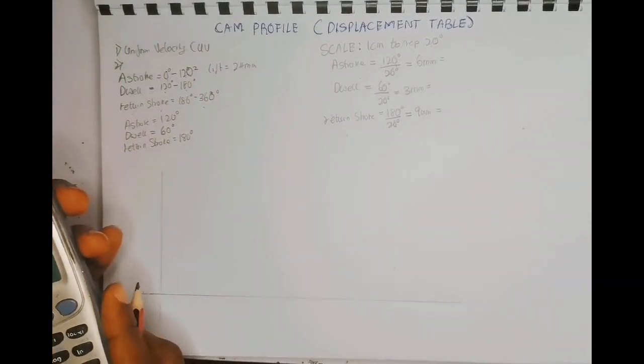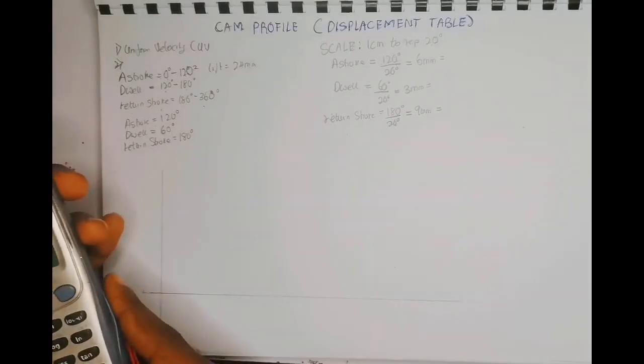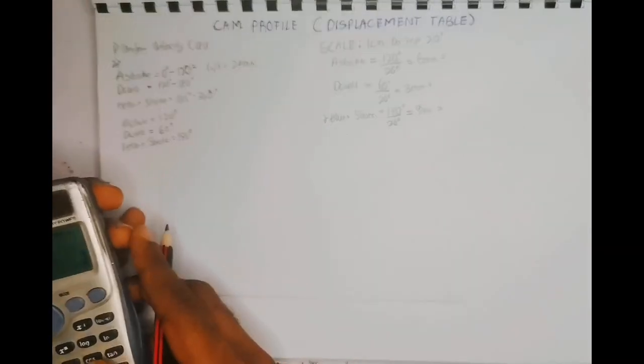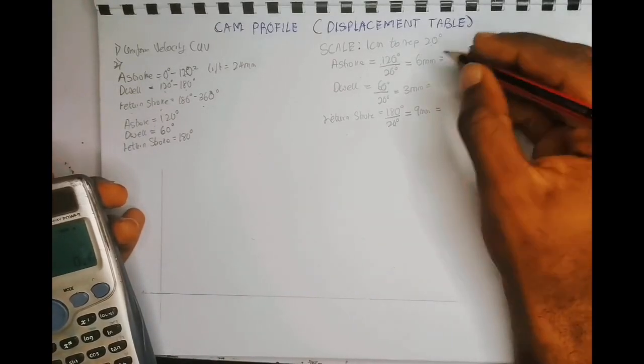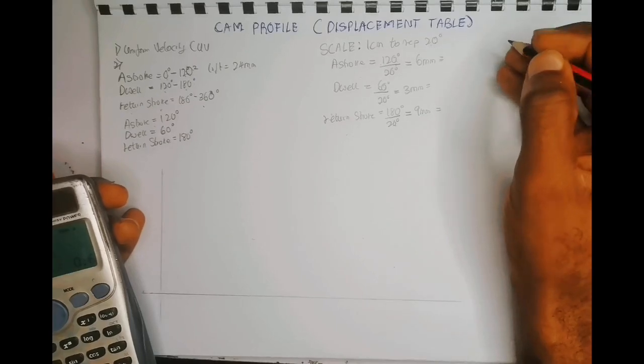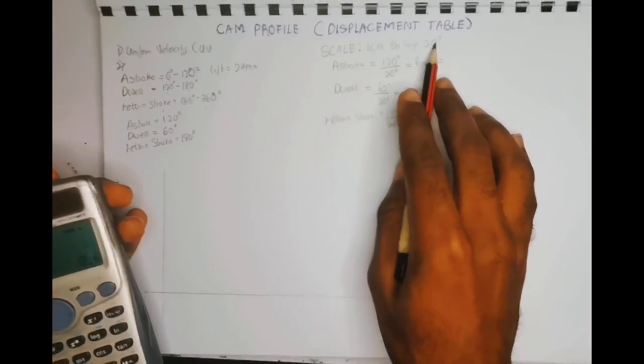Let's all convert this to centimeters, because it's centimeters we'll be using to draw. Sorry, this is in centimeters. All these are in centimeters because we are using 1 centimeter to represent 20 degrees.